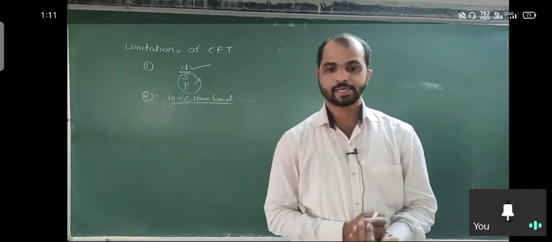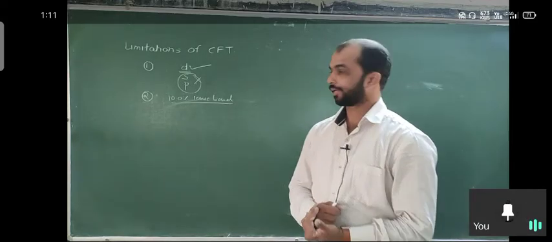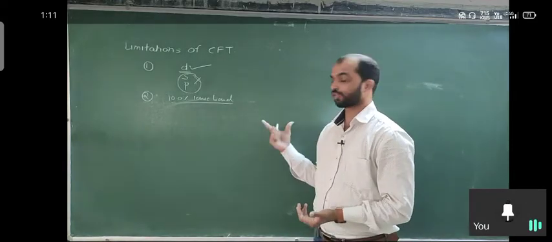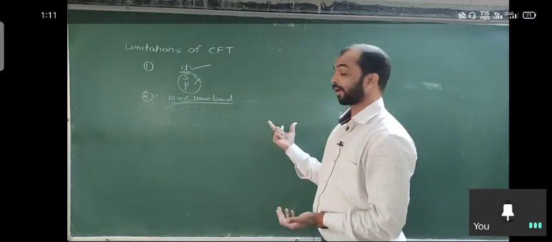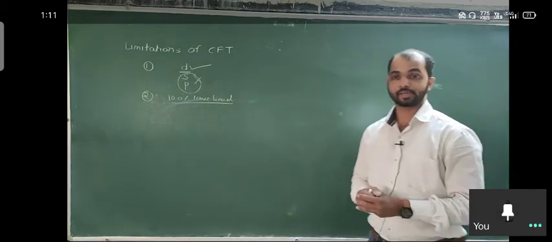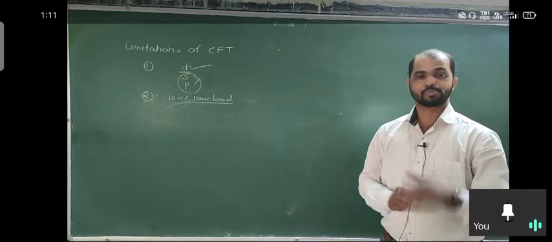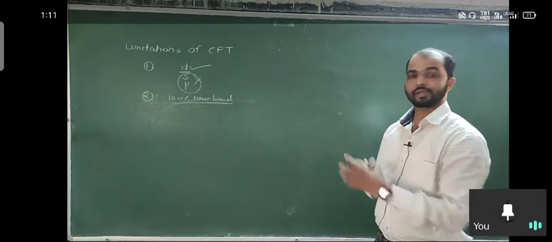Third, it does not consider the possibility of covalent bonding. It only considers the possibility of ionic bonding. The theory assumes that the bond between metal and ligand is purely electrostatic, a purely ionic bond.